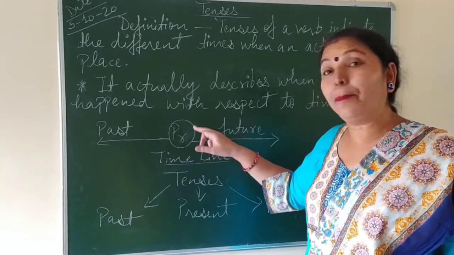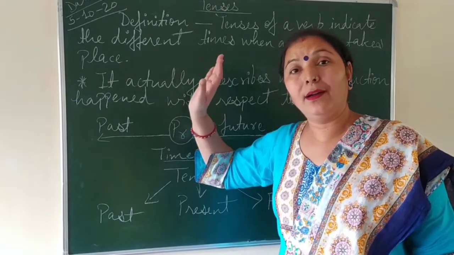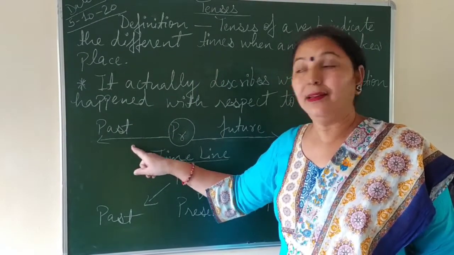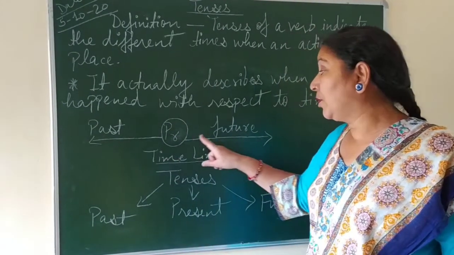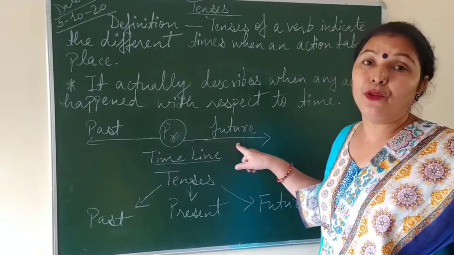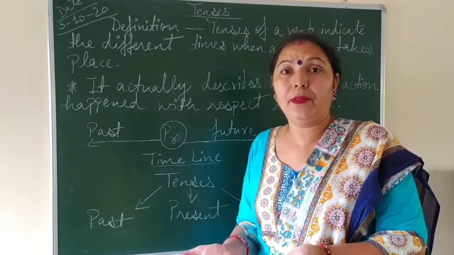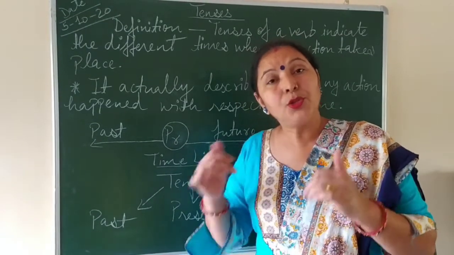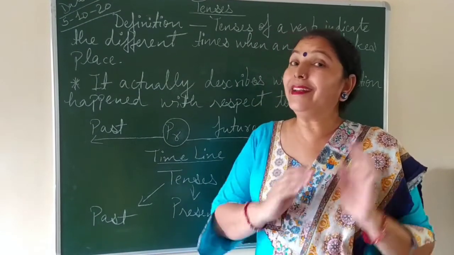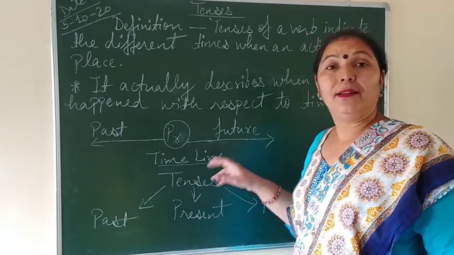That we are living in the present, and the time which is already over is past. That means this arrow represents past. What about this arrow? This is future. The time which is going to come, meaning tomorrow. So tomorrow is future, today is present, and yesterday was past. So through this timeline, now this is clear.